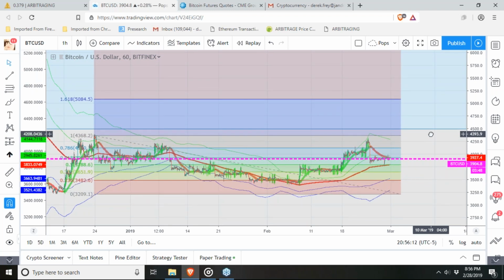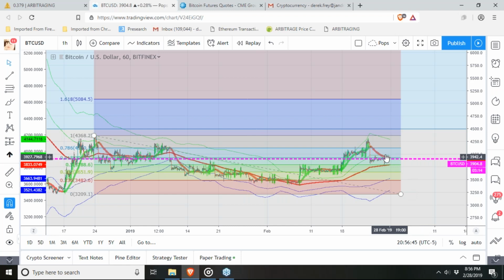Right there. And now the FIB lines are making a little bit more sense. Okay, I see what you're saying. And now we figured out how we can fix this zoom in and zoom out problem. So then, well, no, because that would be the 618.